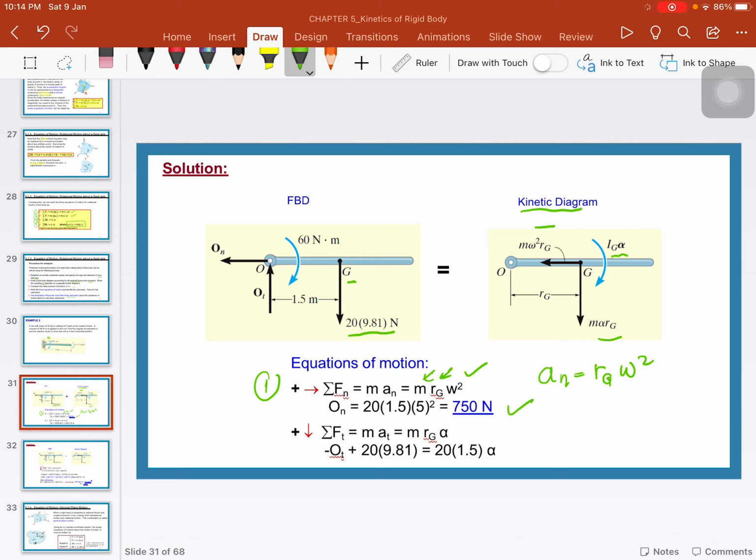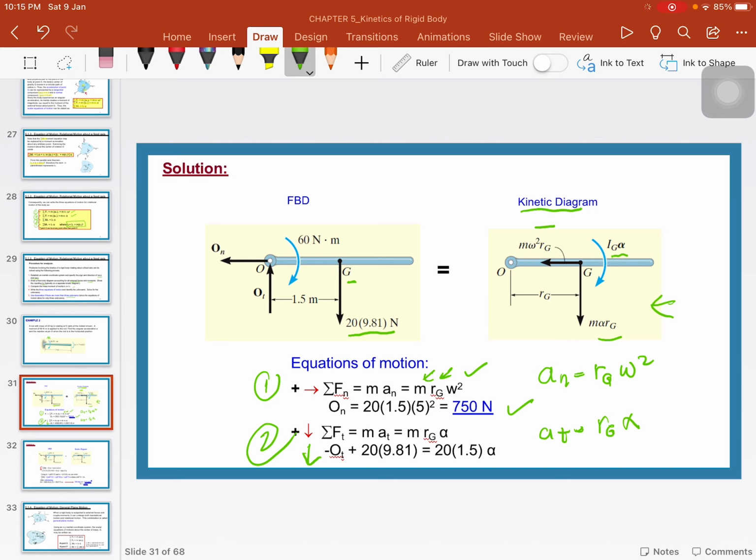Next, for the tangent component, Ft equals M AT equals M RG alpha. The direction of the tangent force is positive downward because it follows the kinetic diagram.